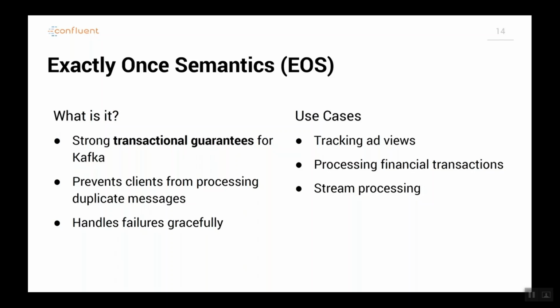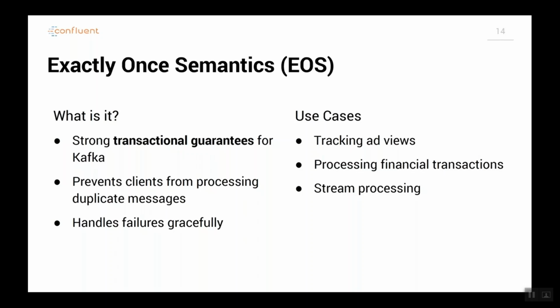If you need accuracy in your aggregations, exactly once semantics can help prevent that duplication. And again, this can tie into the consumer side as well, where consumers can be configured to only consume messages that are in committed transactions, so they do not see any messages that are in flight within a transaction or are in aborted or rolled back transactions.